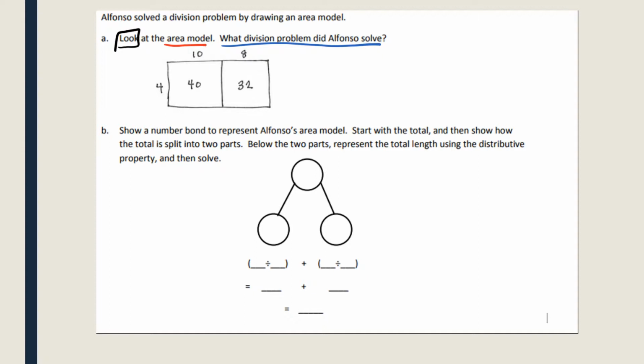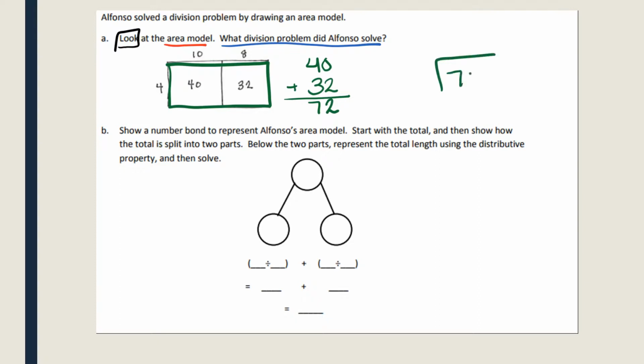If we look at this area model that they drew for us, the numbers on the inside will always be our dividend, and they just broke it up into numbers that are easily divisible by an even number. So if we add these numbers together, 40 plus 32, and put those two boxes together into one whole box, we will get 72. So our dividend is 72.